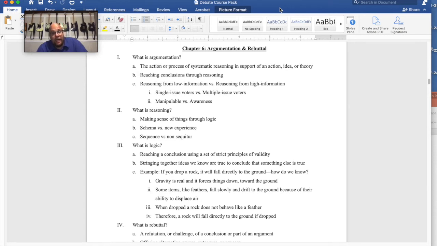Now, related to those two, you've got what you see there is sequence versus non sequitur. Non sequitur just means does not follow. So, in a job interview, for example, if you came to the speech lab because you had an interview of some sort, I could give you some pointers.